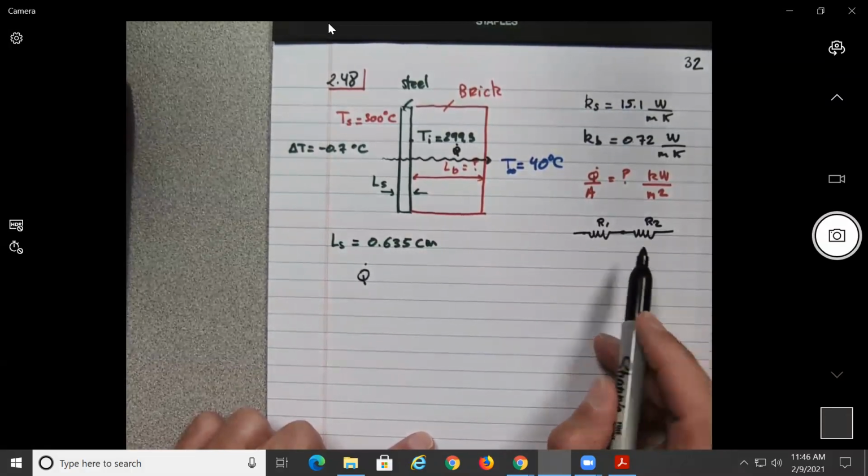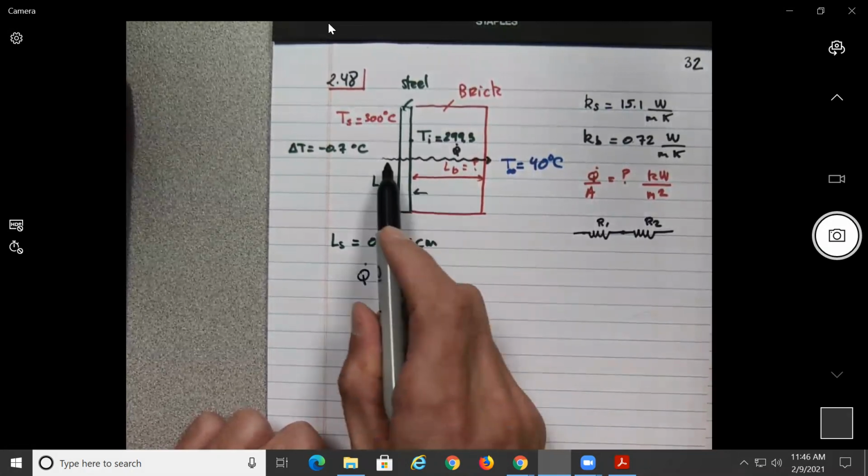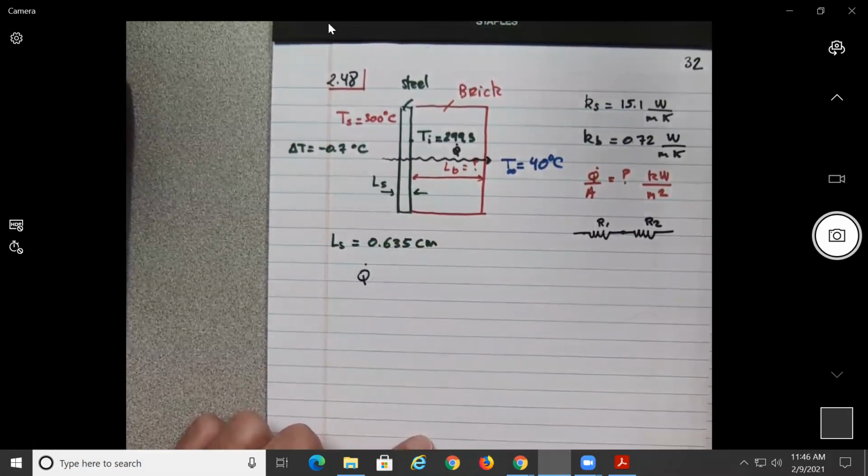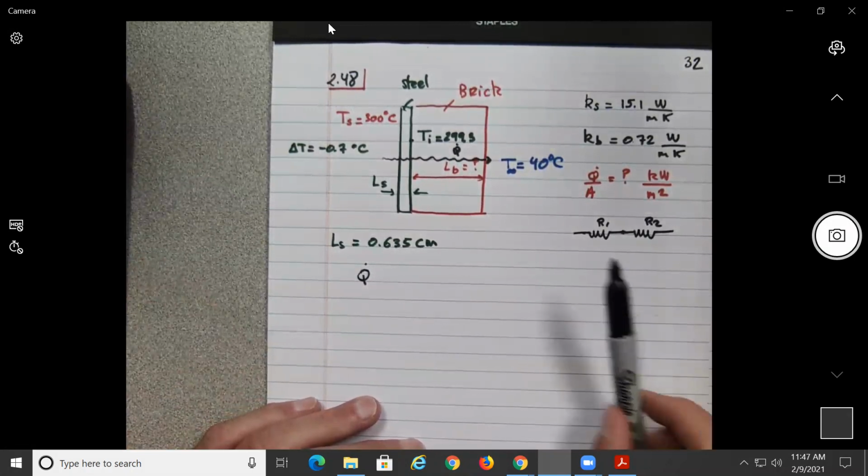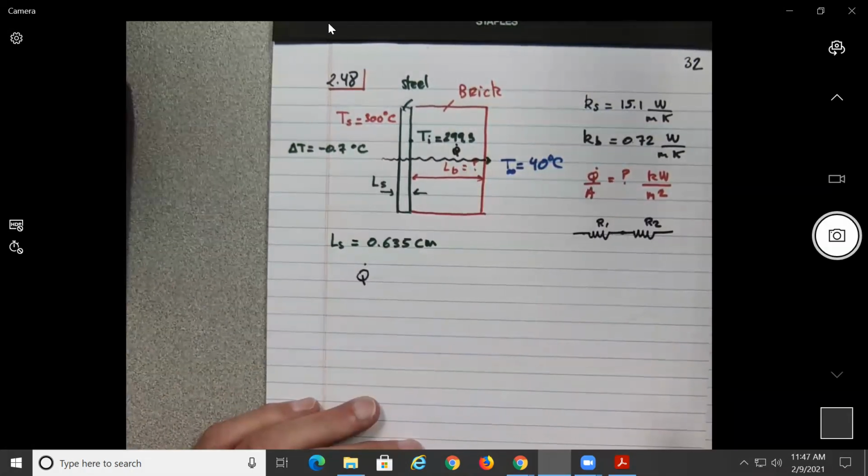So here it's the same thing. Remember, Q is the heat coming from the outside. Say you have your house, the first layer will be bricks, and all the heat is going to try to go through the bricks. On the next layer you probably have some type of insulation material, and all the heat is going to try to go through the insulation material. So the amount of heat is the same going through the whole wall. That's the important part.